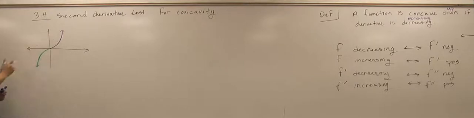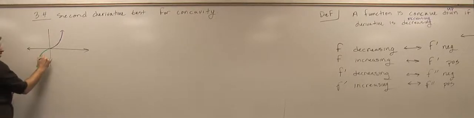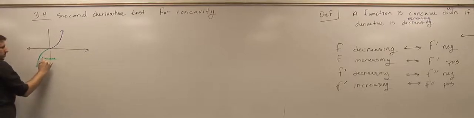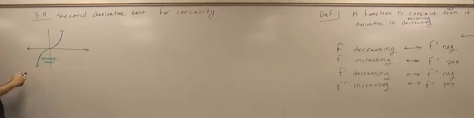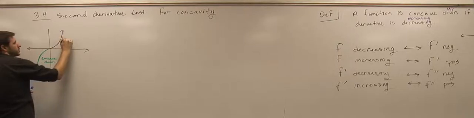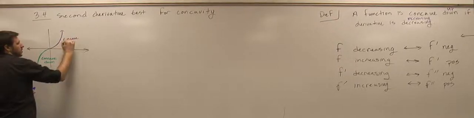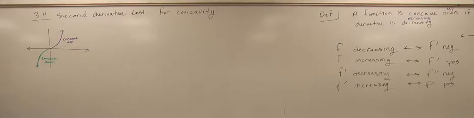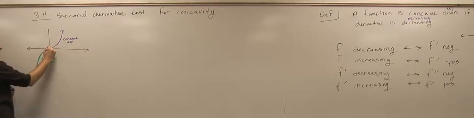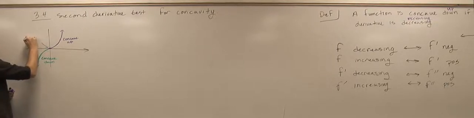This part's bending upward. Right, so x cubed changes from concave down to concave up when x equals 0. So this point here where you change from one concavity to another, this is called a point of inflection.